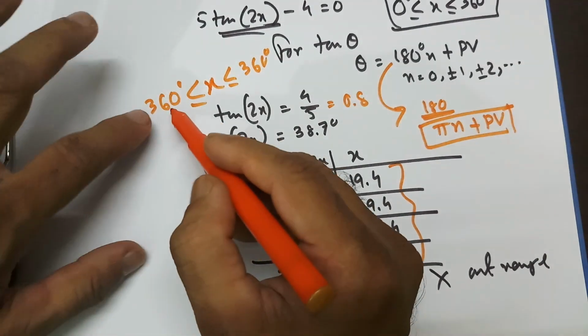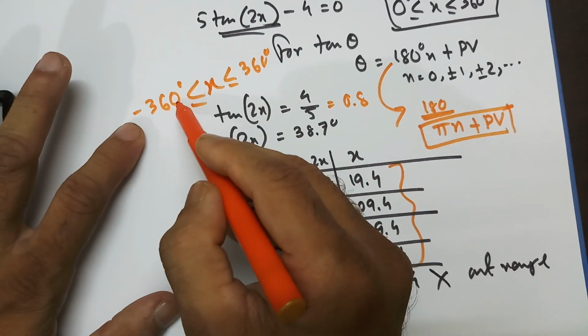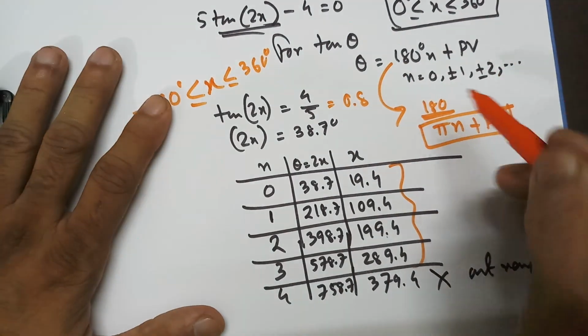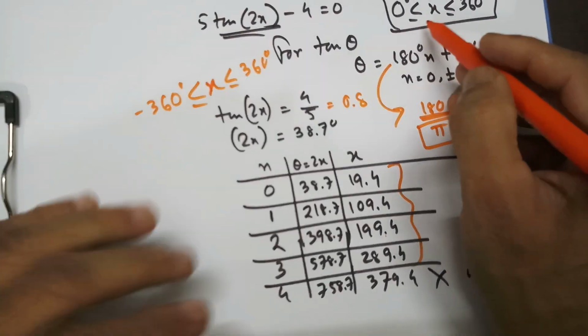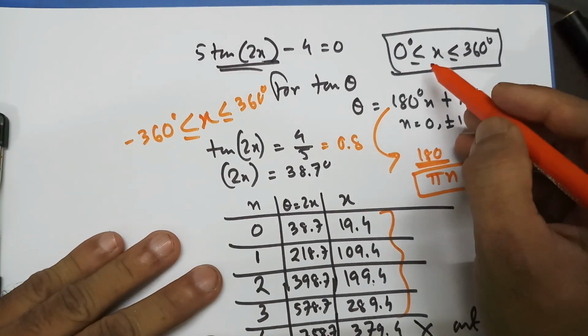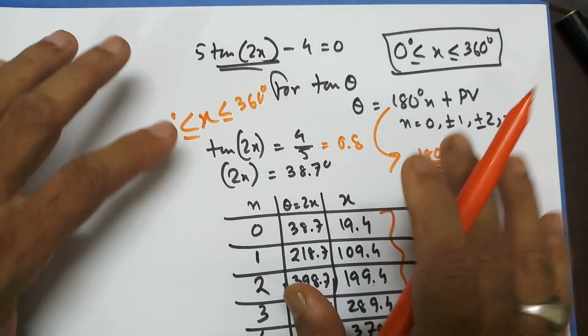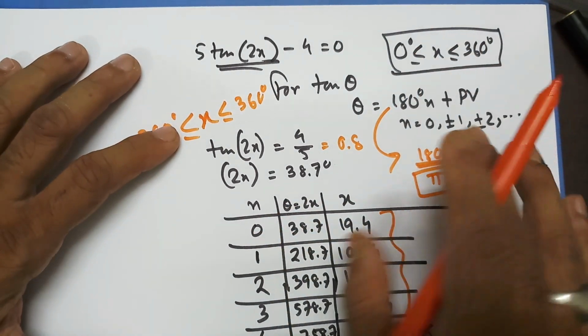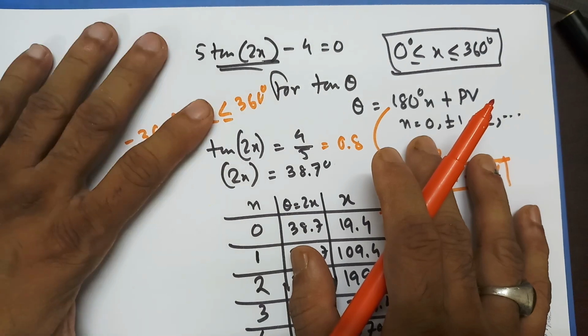And when it's lesser than negative 360, then we stop. I'm not going to do that. You have plenty of examples in your book. Try that. Hopefully this formula will help you save a lot of time.